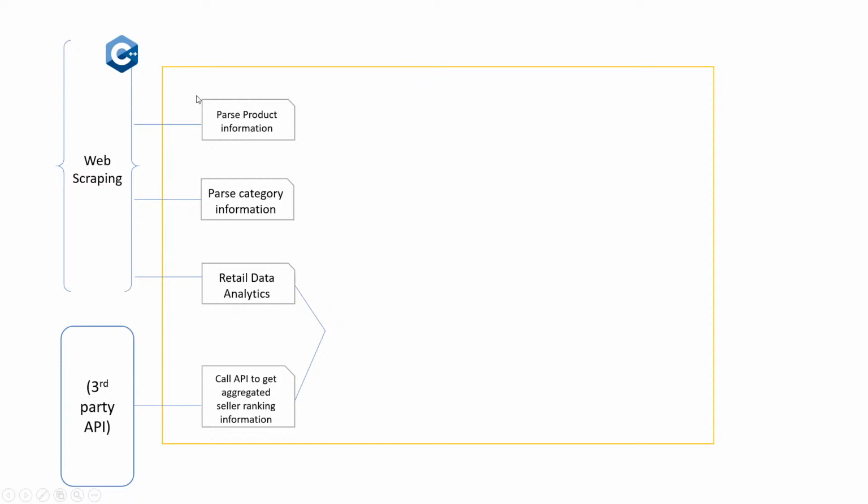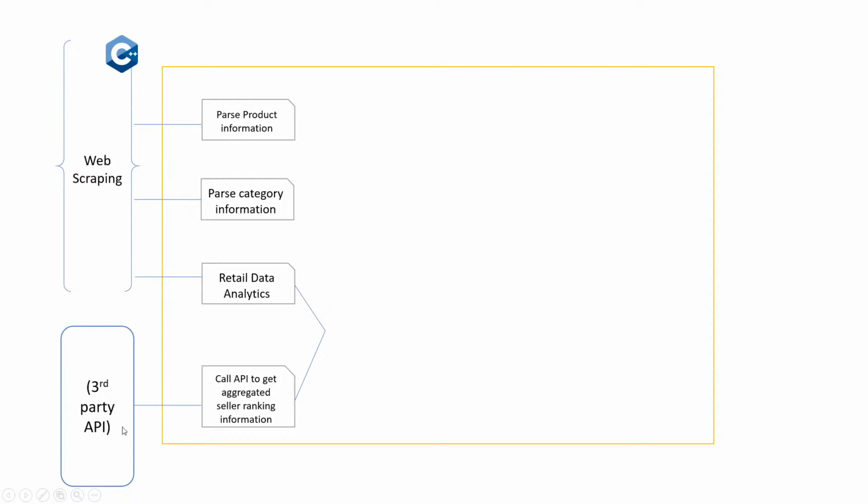So if they had about 150 clients, all 150 clients' retail analytics data was brought in here. And there were two categories. Some of them were basic, so they did not have the premium, so the basic data was brought in. For the others, the detailed data was brought in.